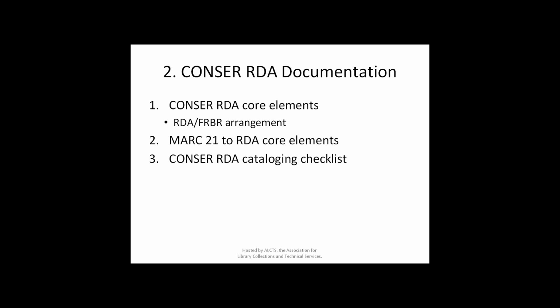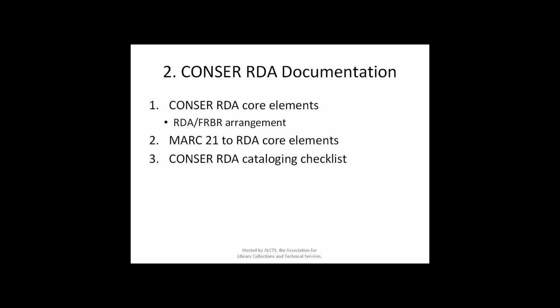So those identify the core elements that are required, and then we've also taken that RDA organization of those core elements and flipped it into a MARC 21 organization of the very same RDA core elements. And that's kind of a helper tool that may help some people as they make the transition to RDA.